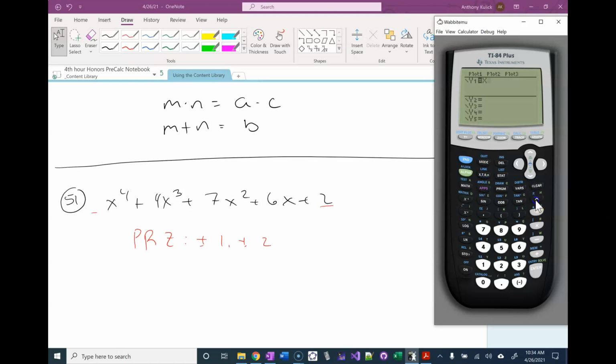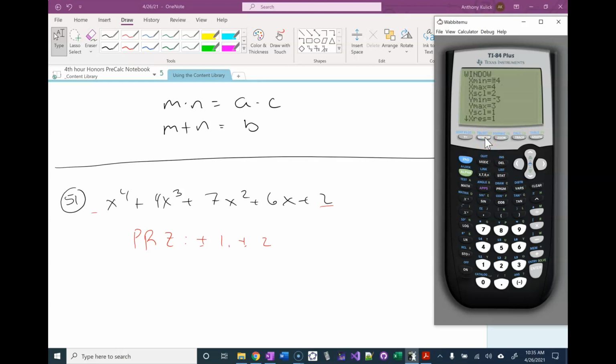So I have x to the 4th plus 4x to the 3rd plus 7x squared plus 6x plus 2.